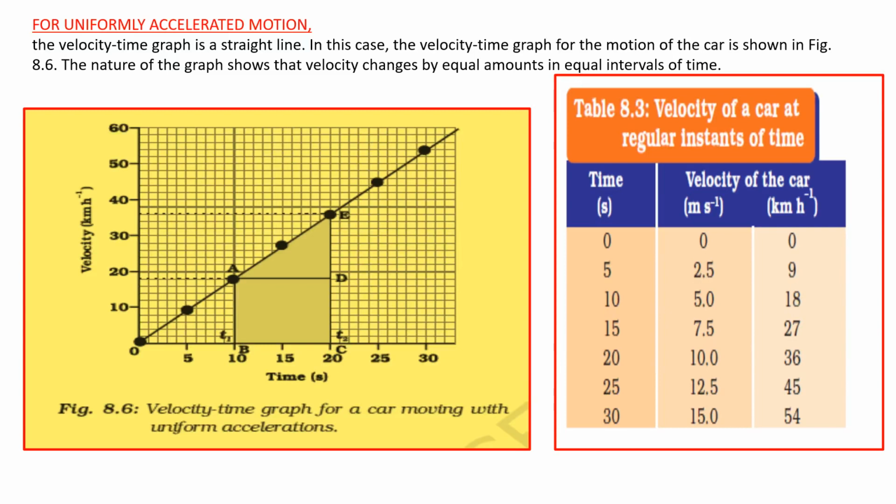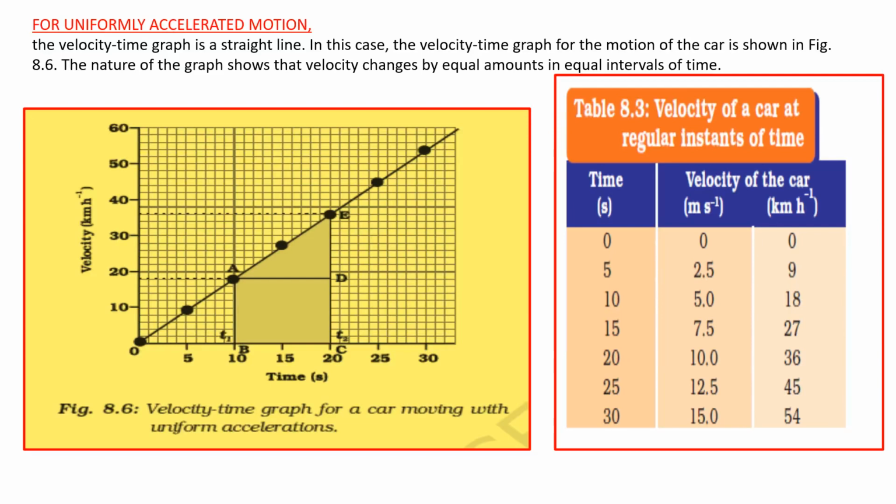You see in table 8.3 the velocity of the car at regular instants of time. At a regular interval of 5 seconds, the velocity of the car changes by equal amount. That is equal change in velocity in equal interval of time. Velocity is changing by equal amount in meter per second as well as in kilometer per hour. So the motion of the car is uniformly accelerated motion, meaning equal change in velocity in equal interval of time.